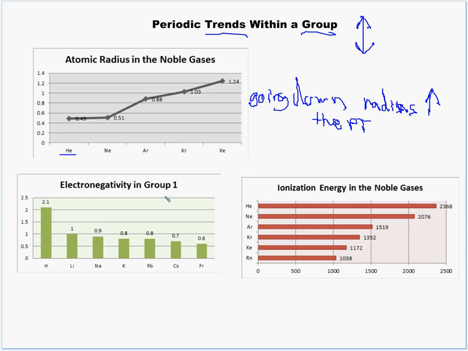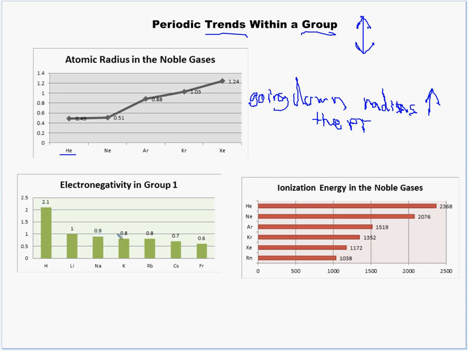Electronegativity in group 1. That's interesting. It's not noble gases. Actually, I noticed that last time too. I don't know if the noble gases have electronegativity. Okay. So in group 1 it goes hydrogen, lithium. Yeah, so this is down, right?